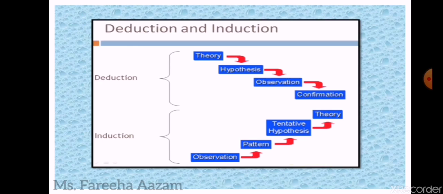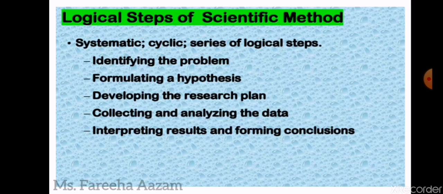Logical steps of the scientific method. The scientific method is a systematic, cyclic series of logical steps. First of all, you have to identify the problem, what the problem is, and after that formulate a hypothesis. You give a prediction that behind that problem this is the cause. Then develop the research plan.